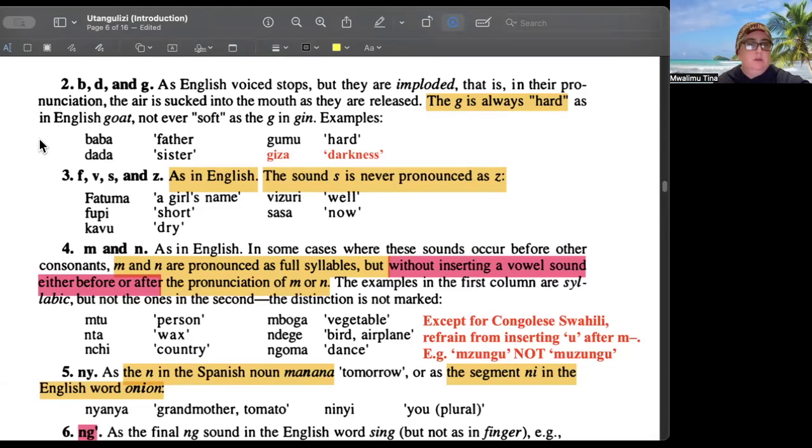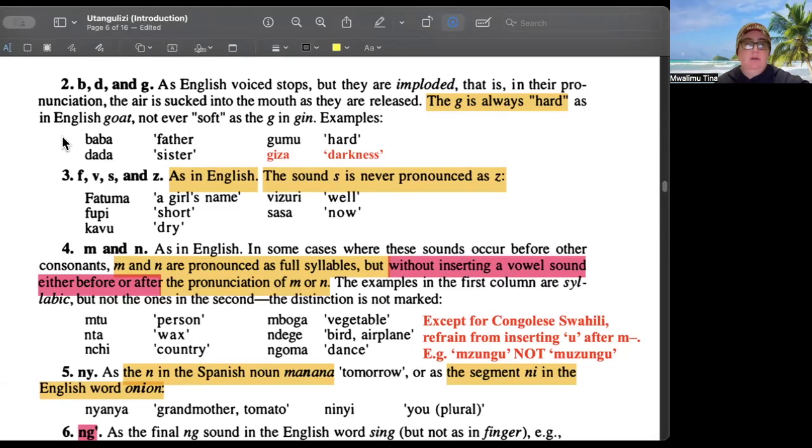Let's look at these consonants. So if it is not imploded, there would be air coming out. It would be forced out. You will not hear native speakers speak this way. It would sound like ba ba.